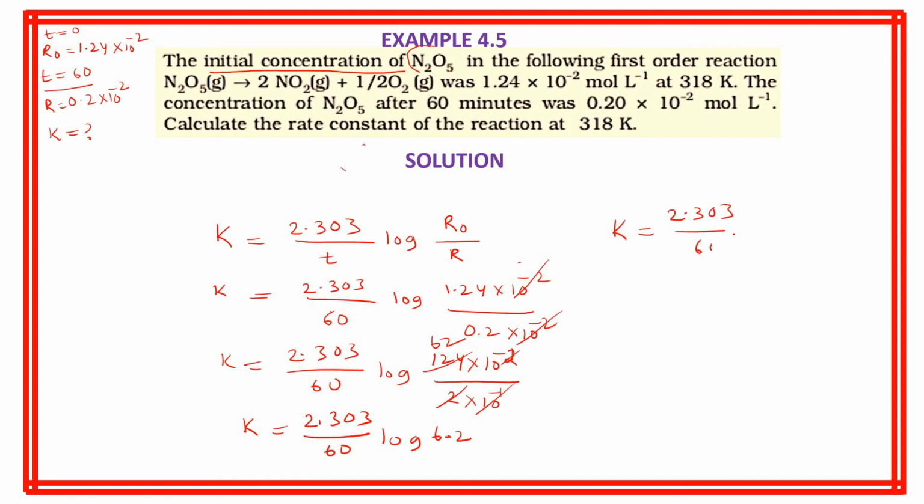Log 6.2 is equal to 0.79. So after doing this calculation, the answer you are going to get here is 0.03. So this is the simple problem of rate constant for first order.